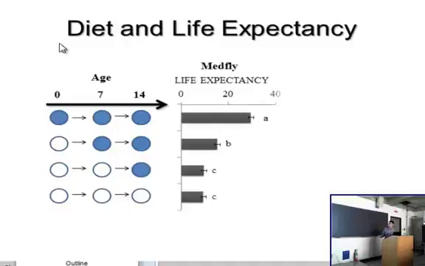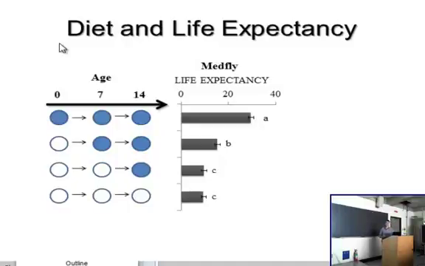So with the medfly, we see that any access to that sugar diet is very detrimental to the life expectancy. However, if the full diet is encountered by 7 days, there is a slight reversal in that loss of life expectancy. And so it kind of provides a rescue effect.